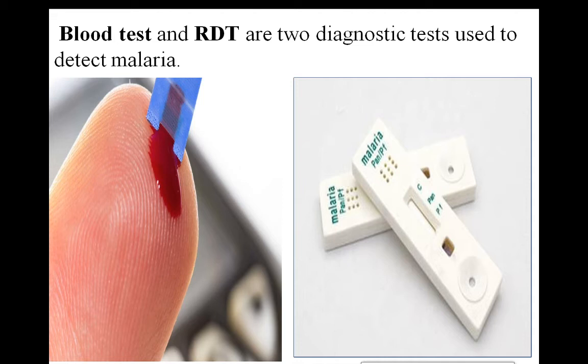Understood? Okay, then the treatment is there for malaria. Many medicines are given to the patient if malaria is there. That is the advanced information, like mefloquine, then chloroquine. These are some tablets, then injections to cure malaria.